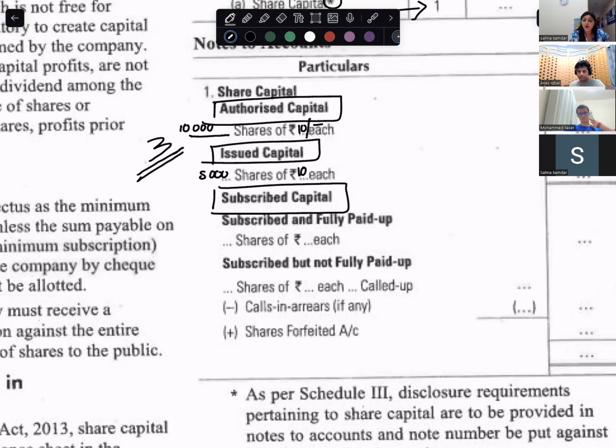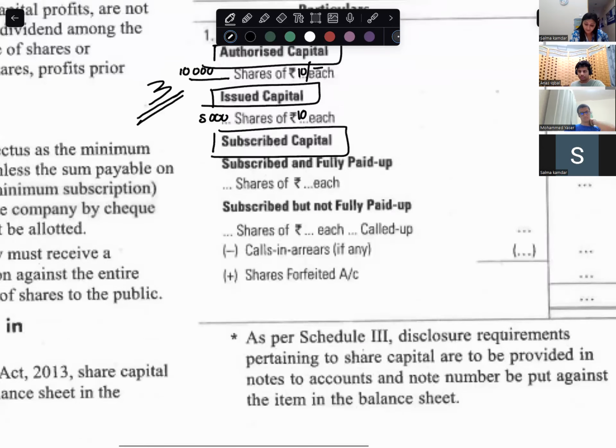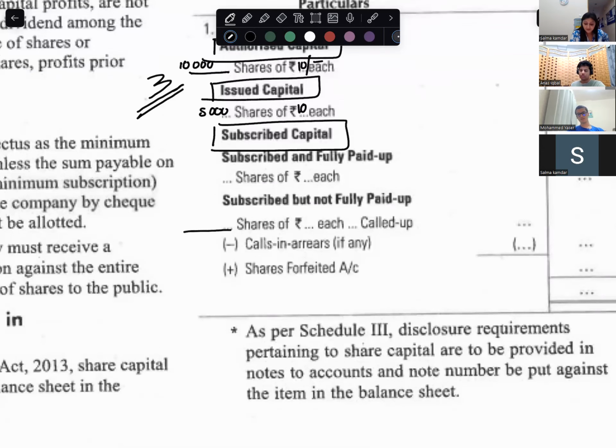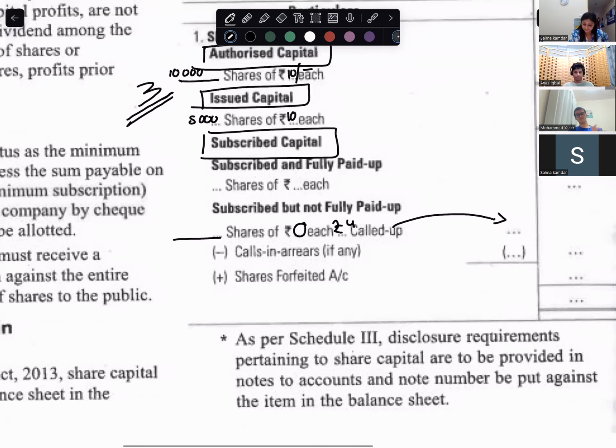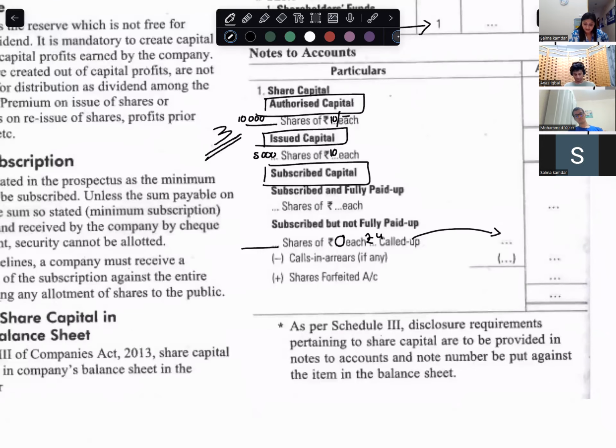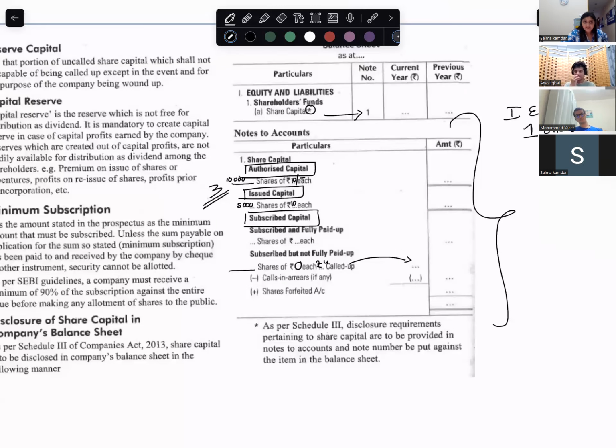But when it is not fully paid up, you have to write so many shares of rupees so and so each, rupees 4 or rupees 5 called up. This will go in the first column. Minus the calls in arrears, add the share forfeited account. Let's keep this in mind.